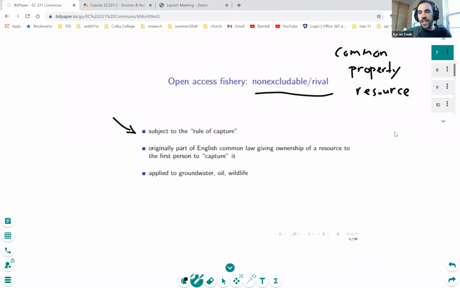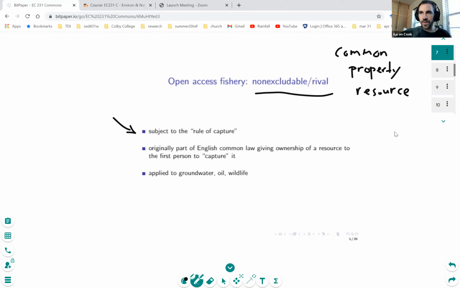In a legal context, we say this is subject to the rule of capture, which was just part of English common law, saying that if you are the first person to put something to beneficial use, to either withdraw the groundwater from the aquifer, or catch the fish, or hunt the antelope, after you do that, you own the good.